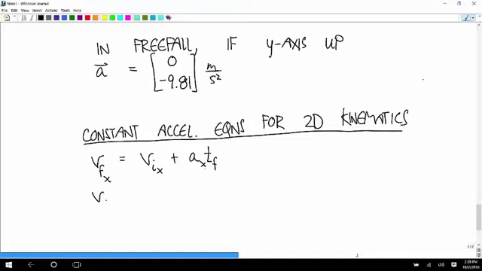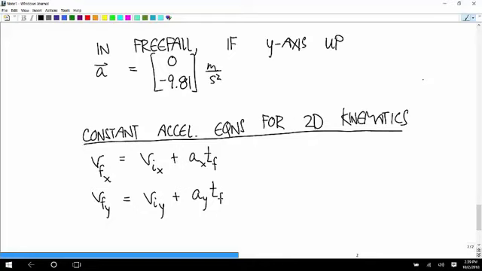And it's also true for y components. And everything on there has a subscript that tells you what component you're talking about, except time final.